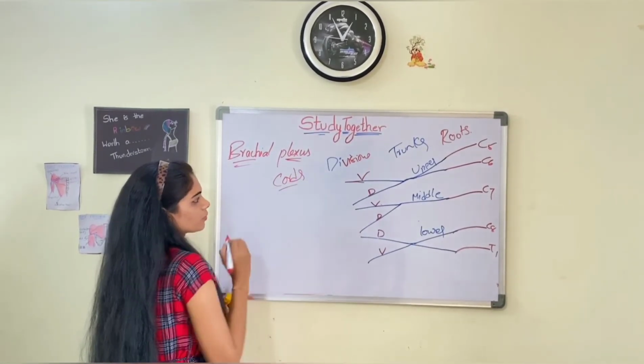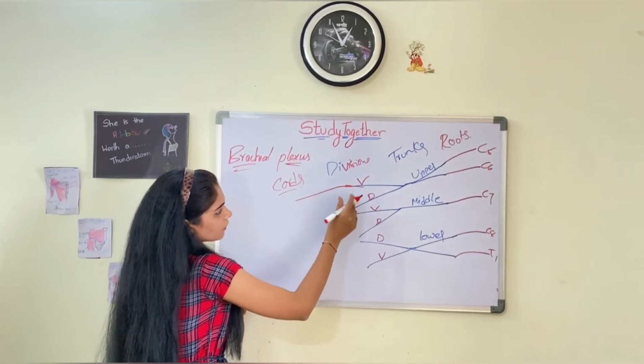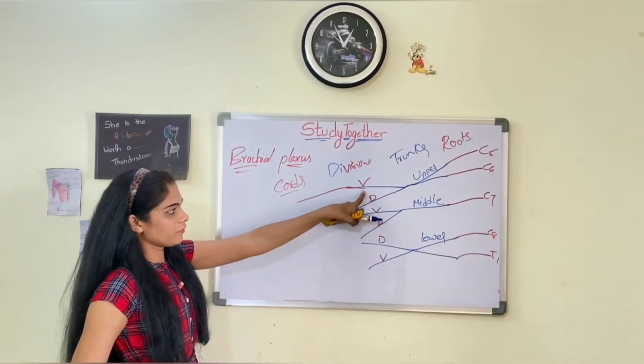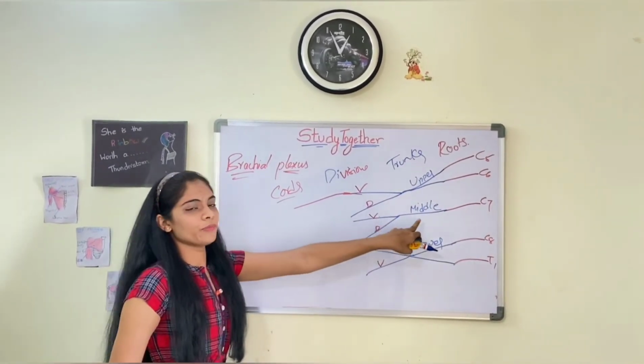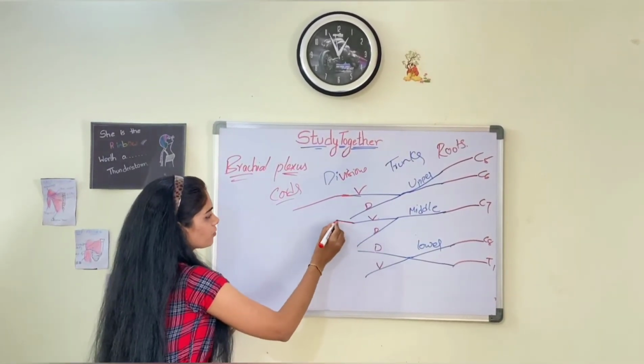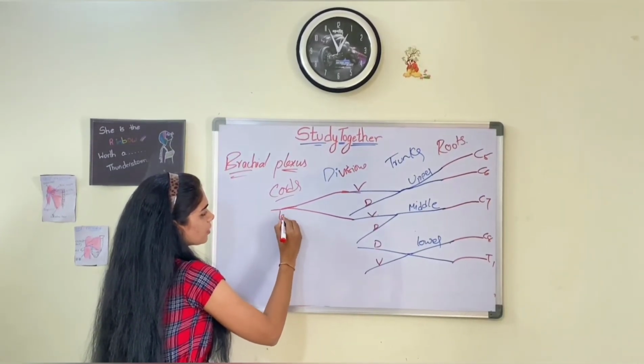How are cords formed? Your first cord: the ventral division of the upper trunk and the ventral division of the middle trunk combine and form your lateral cord.